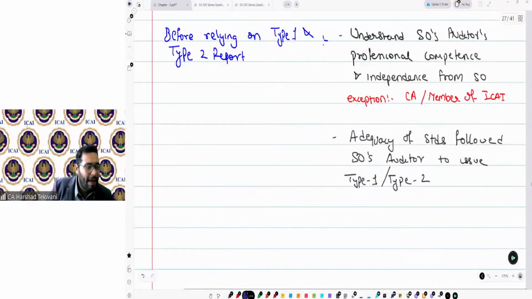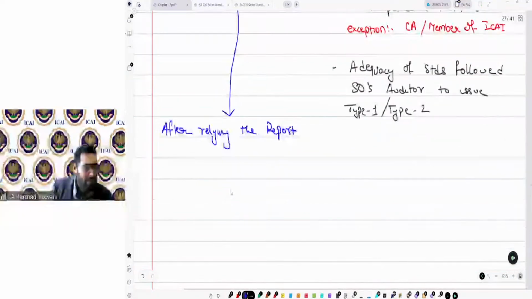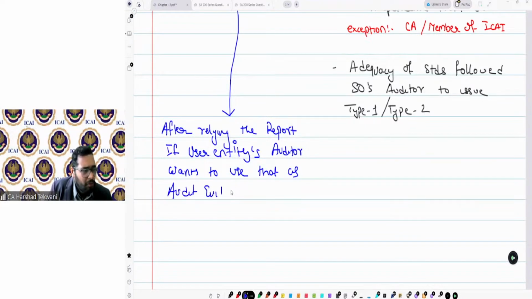After relying on the report, if the auditor wants to use that as audit evidence, then I need to understand how much audit evidence I am getting, how much comfort I'm getting from that. The level of comfort.